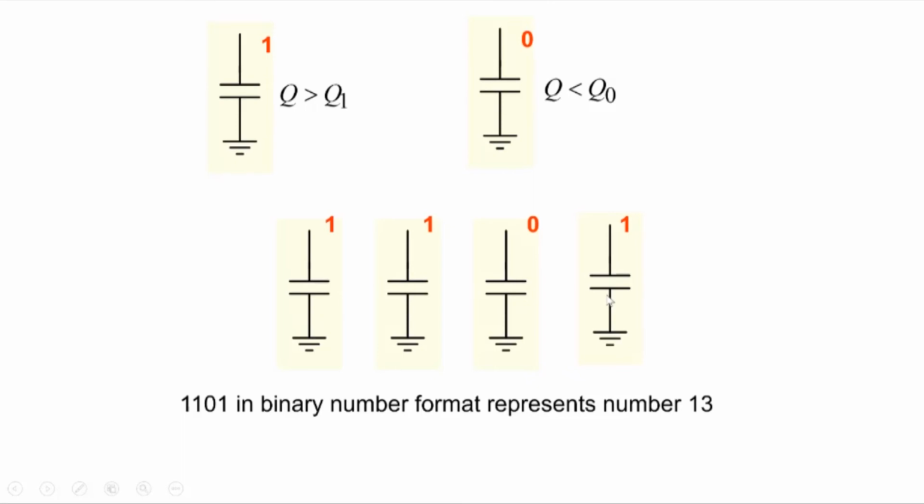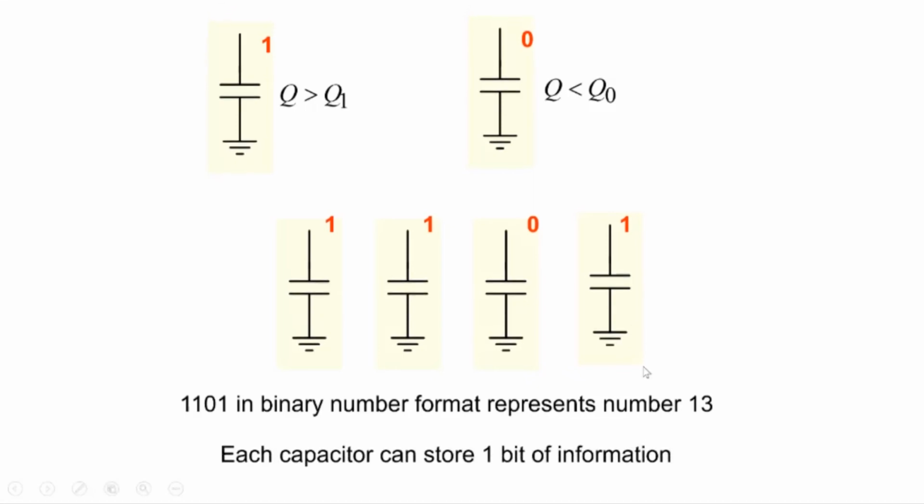Let's go a little bit deeper into this. Each capacitor basically stores 1 bit of information. The charge on the capacitor could be 0 or non-zero, and therefore it indicates whether the value is 0 or 1. So one capacitor provides 1 bit of information.